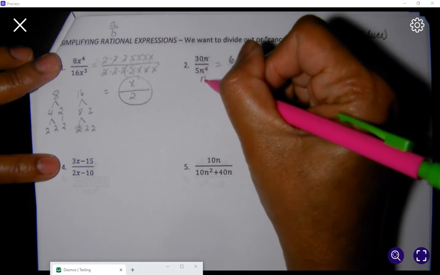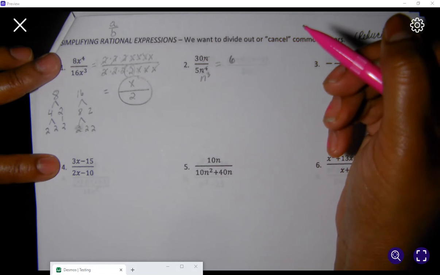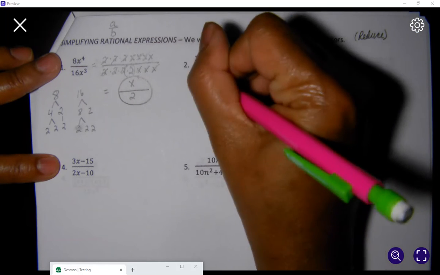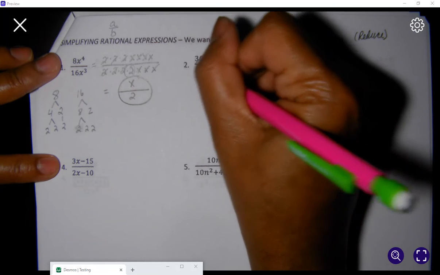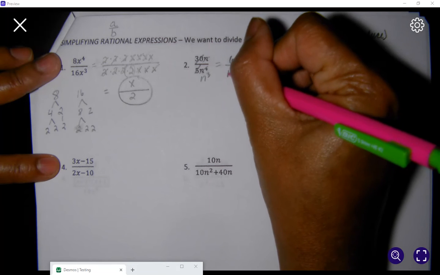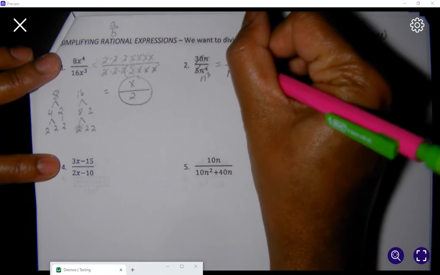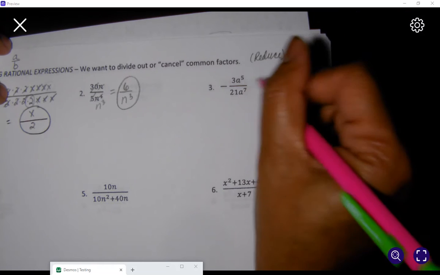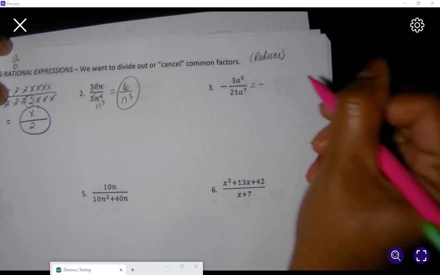If I take out 1, I would have 3 left in the denominator. Be careful. So the 5 goes away because 30 divided by 5 is 6, and in the denominator, I have n cubed.